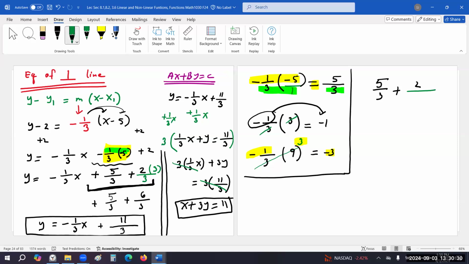Now 2 has an invisible 1, but that is not helpful for us. We want the same 3 here because the other denominator has 3. So we put 3 on the denominator. But math is fair. Math says, hey, you put 3 on the denominator, you cannot do that. You also have to put 3 on the numerator.